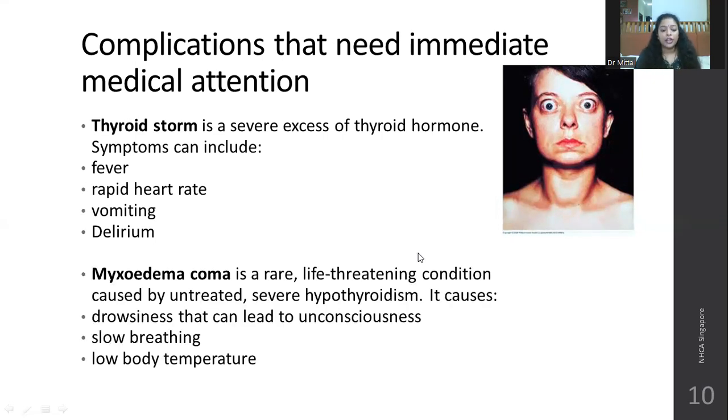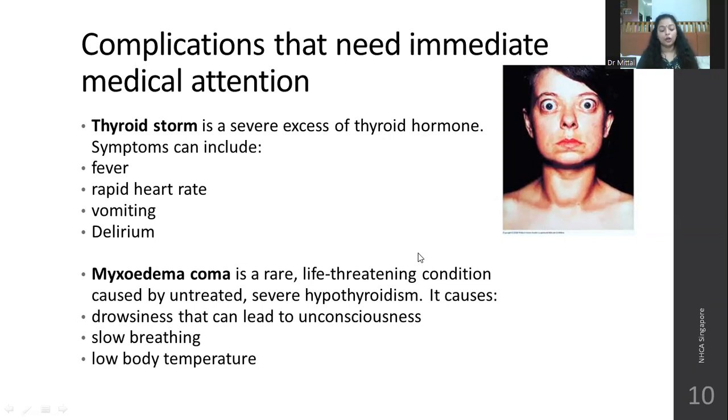Then myxoedema coma. Myxoedema coma is a very rare condition, but it is very life-threatening. It is caused by untreated severe hypothyroidism. You are hypothyroid by nature, but you're not taking any medication to correct it. It causes drowsiness that can lead to unconsciousness, which is why we use the word coma here.